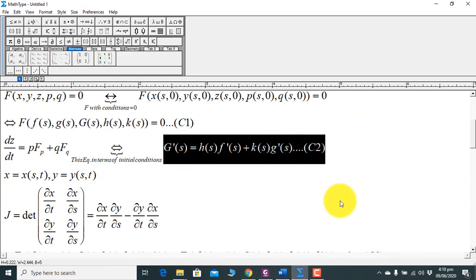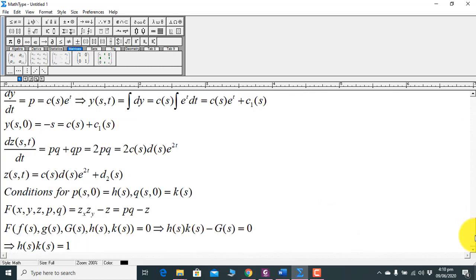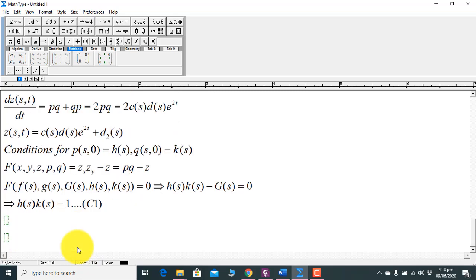So this is condition 1 if you want to be precise. Second condition was this, implement this. If you apply the condition, since G is 1, G prime will be 0.